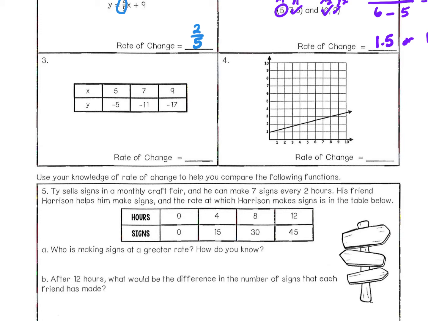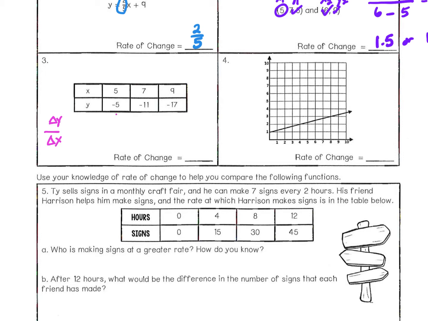Our third representation is a table. And if you recall, when we have a table, we're trying to find the change in our y values over the change in our x values. And in order for this to be a function, they all have to be the same. At least they have to reduce to the same. So let's start with our change in y over our change in x.